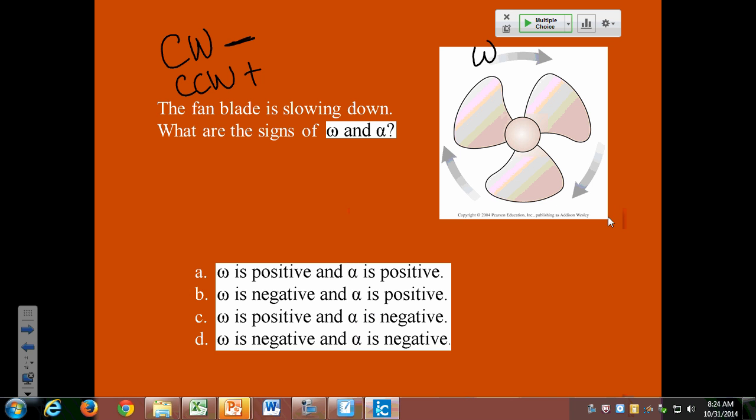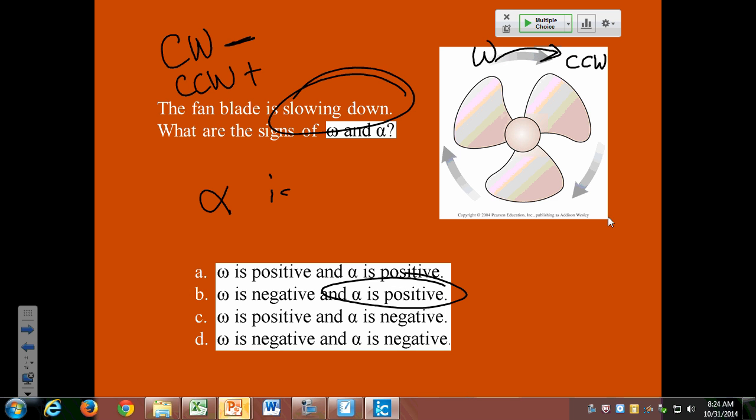Omega is negative because it's in the clockwise direction, but alpha is positive because it's slowing down. So alpha is opposite omega. Velocity and acceleration in the same direction, speeding up. Velocity and acceleration in the opposite direction, slowing down. Just because you have a negative acceleration doesn't mean you're slowing down.